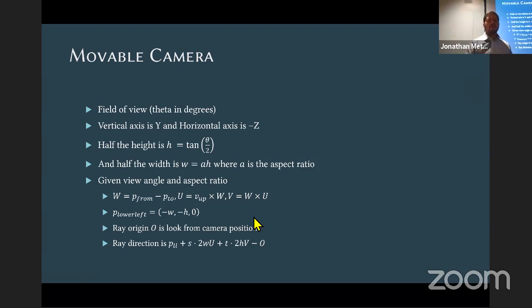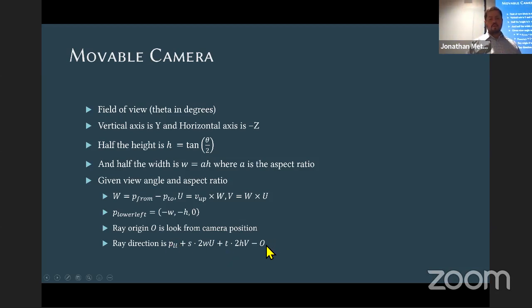And now in order to get our direction, so we have S and T that we're going to map for the screen. So then we can basically use S as saying how much should we add for the U direction, right, which we calculated here. And T will say how much do we go up in the up direction. So when we add that with the lower left, then we will get the ray direction.